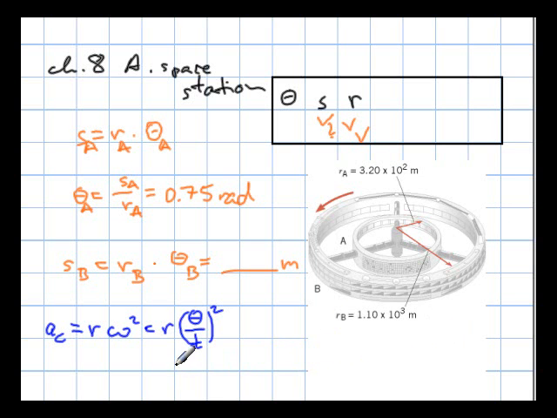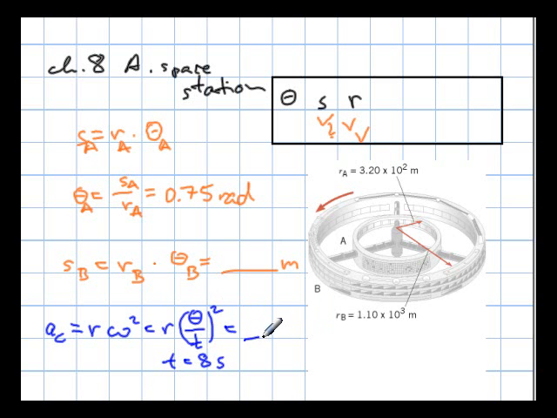There's a reason why I choose 8 seconds. You'll see that in just a moment. So for the outer rim I have 1,100 meters times 0.75 radians divided by 8 seconds, squared.